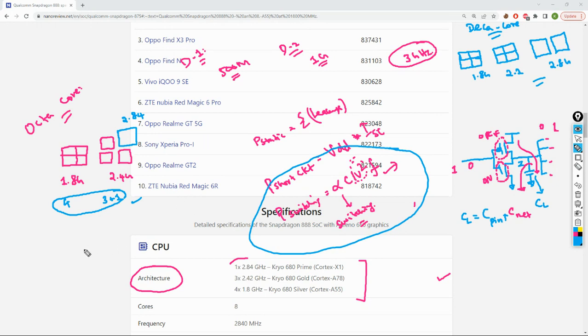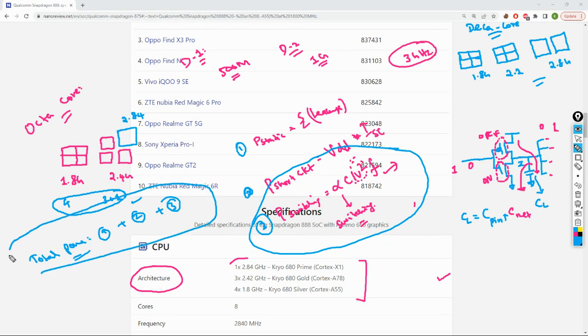Now, getting back to our original thing. Your total power is going to be a combination of this one, two, and this three. So those total, this is what is going to be the total power consumption.